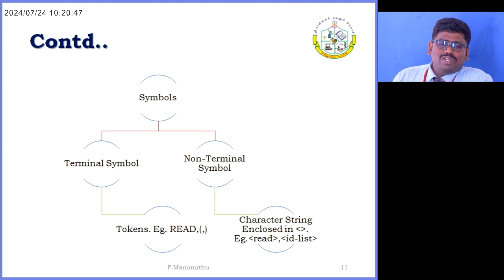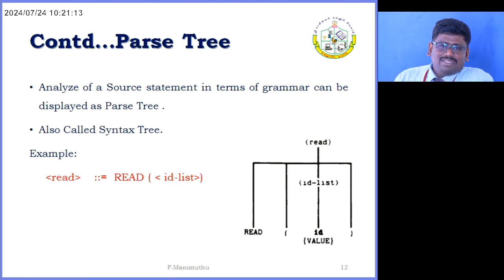Terminal symbols are usually written in capital letters and are tokens, especially keywords. Here, read, open bracket and close bracket are all terminal symbols. Non-terminal symbols are collections of strings enclosed in angle brackets, for example read statement and ID list, written in small letters. These are examples of non-terminal symbols.